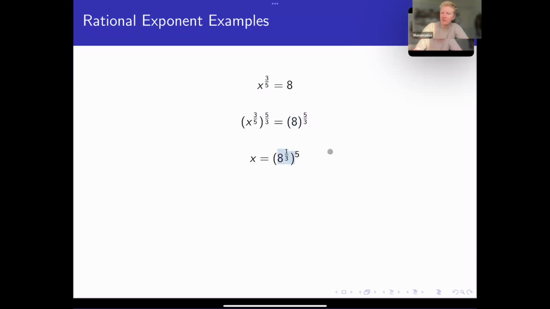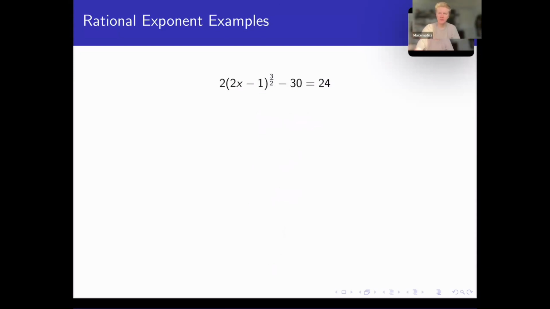We could multiply those exponents to get back to 5/3, but this is like to the 1/3 and then to the 5. To the 1/3 means cube root. Cube root of 8 is 2. 2 to the 5th is 32. So denominator root, numerator power. This says cube root and then raise it to the 5th. Cube root of 8 is 2. 2 to the 5th is 32.